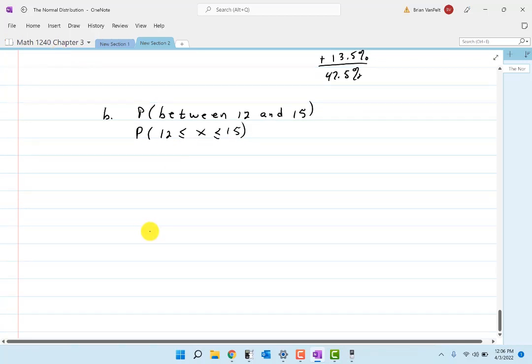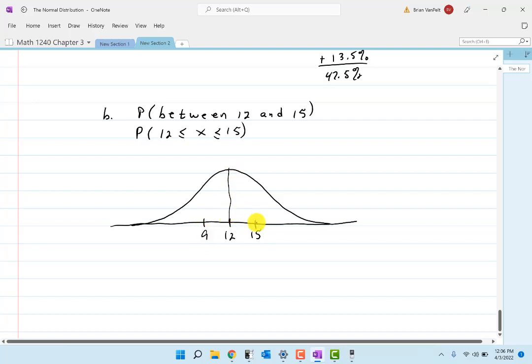You always draw the picture once again. One picture for every problem. Oh, it looks really bad there, but I'll see what I can do with it. And let me go ahead and put my mean here. And they want between 12 and 15, so I don't have to do a lot here. I'm simply looking at this chunk, and we know that that is 34%. So this equals 0.34 or 34%, whatever you prefer.